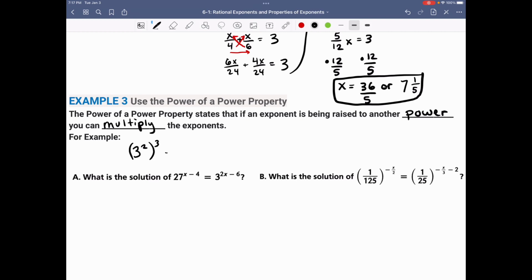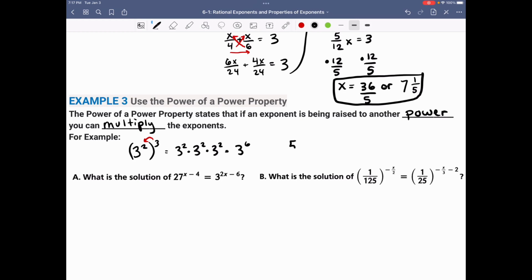What that would mean is that we would have 3 to the second times 3 to the second times 3 to the second. And we have 2 plus 2 plus 2, which is 3 to the sixth. We could have just skipped the step using this power of a power and just multiplied the exponents, because 2 times 3 is 6. So let me show you that in another example where we skip the middle step.